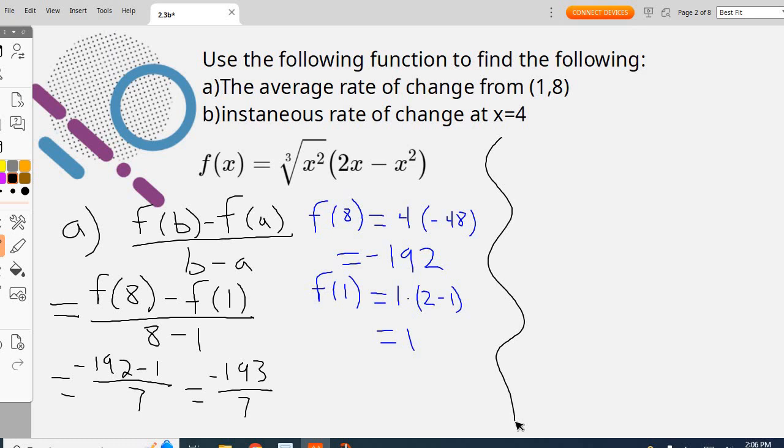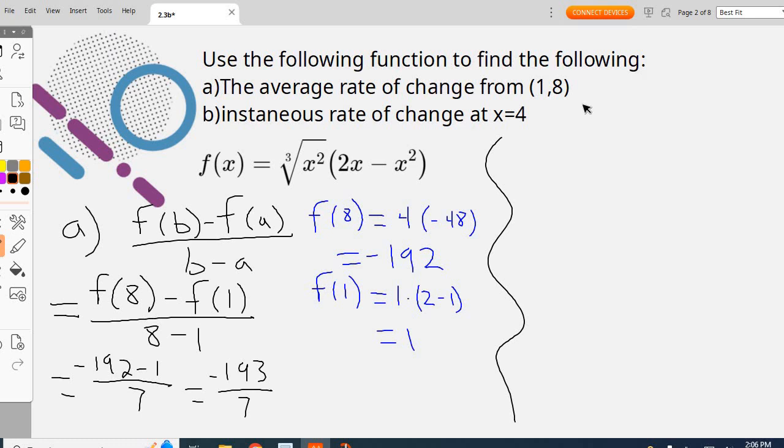What do I have to have first? The derivative. So we could do this one of 2 ways. One, we could rewrite this as x to the 2/3, and then distribute that, and then just use our power rule. However, remember we learned our product rule last week, so we could also go ahead and practice using our product rule.